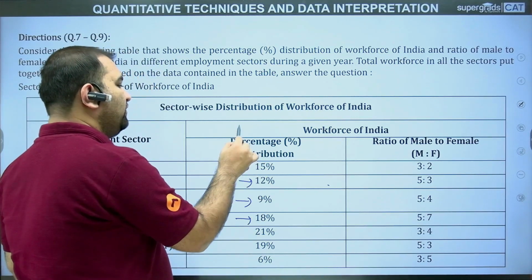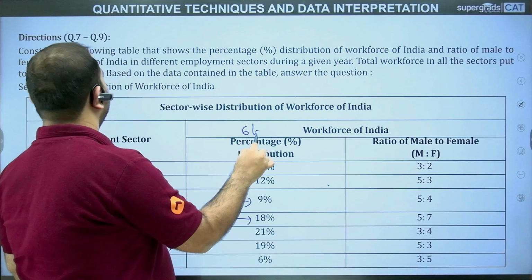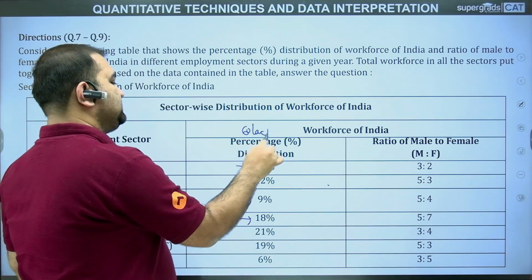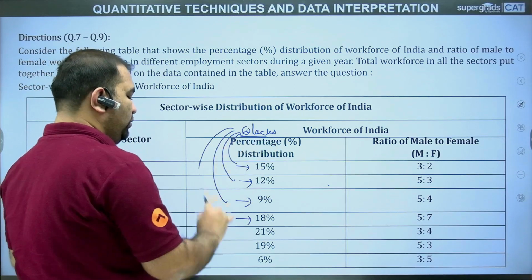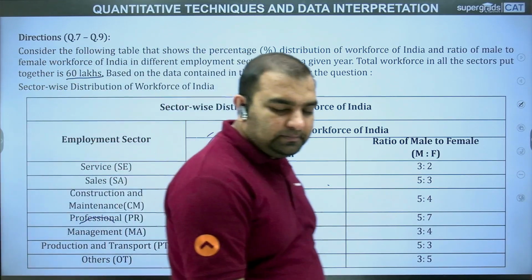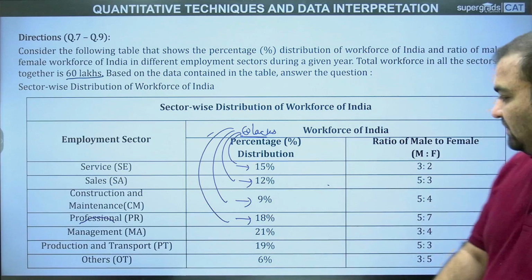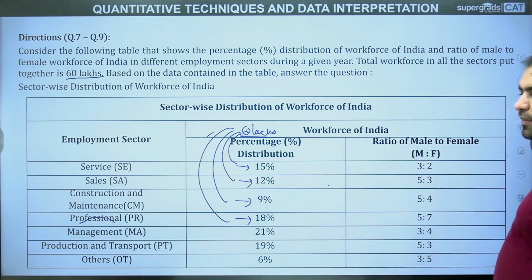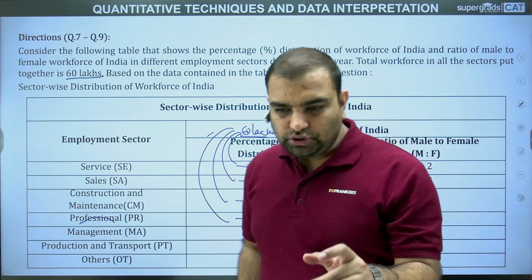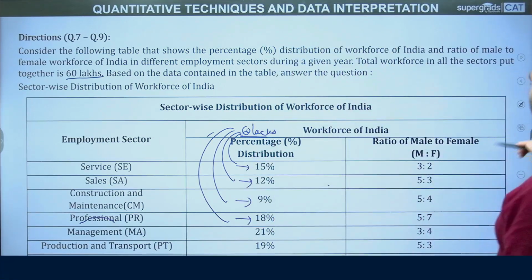So the total workforce of 60 lakh is distributed across the sectors in this way. I hope you got this point. Then among these, the ratio of men and women is given.